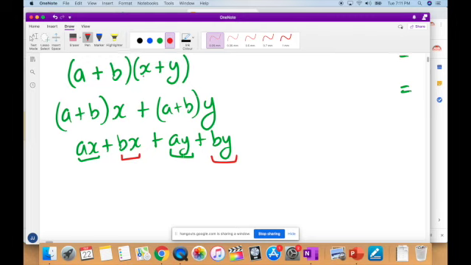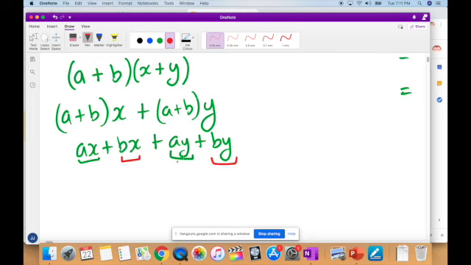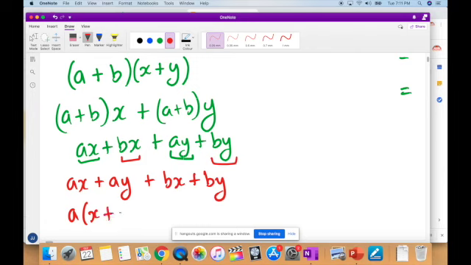Yeah. So if I want, I could rearrange it. Put the a's together. Ax plus ay plus bx plus by. So the a's are being multiplied by the x and the y, and then the b's are being multiplied by the x and the y.